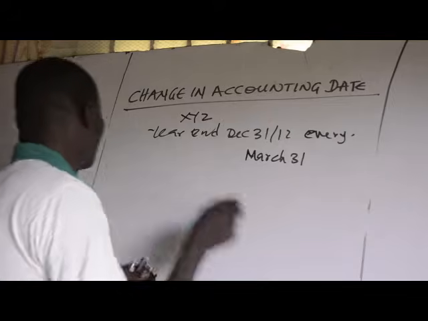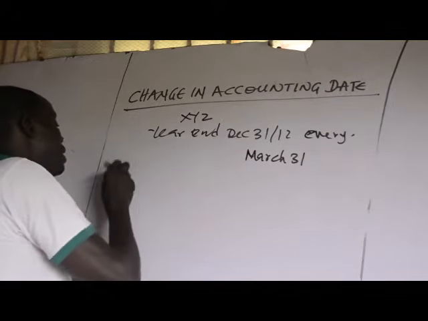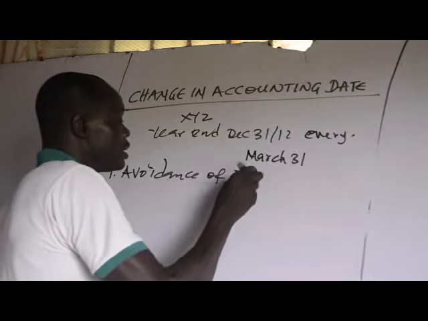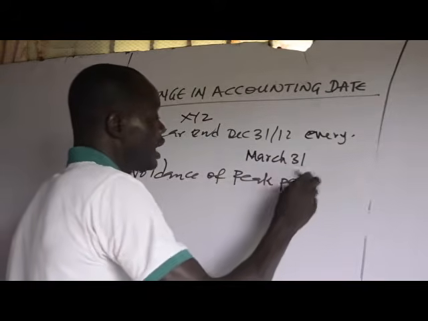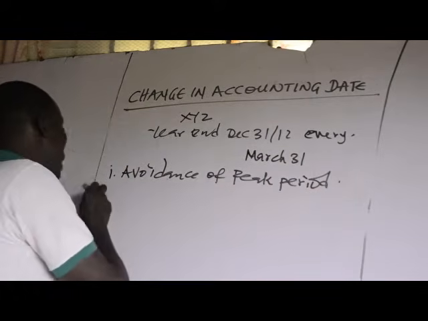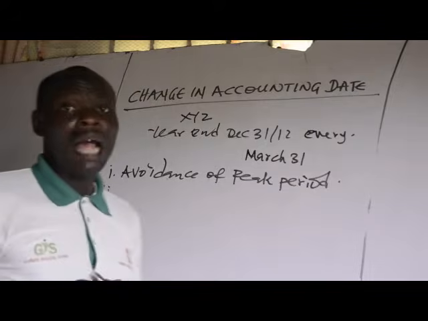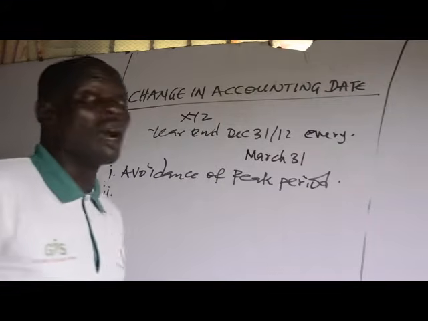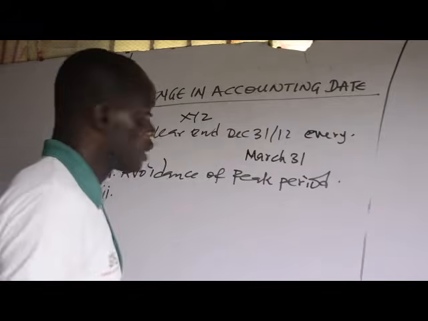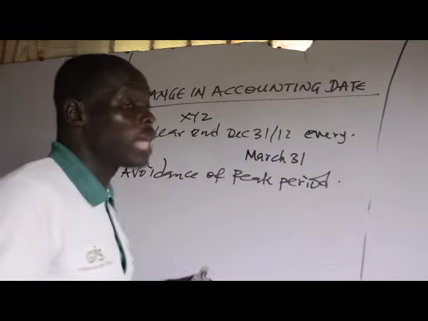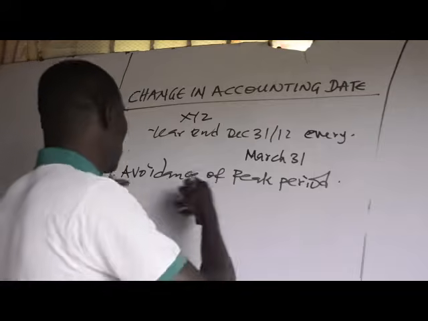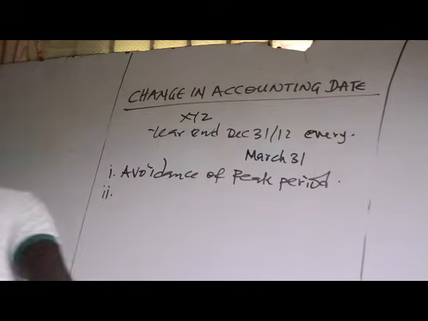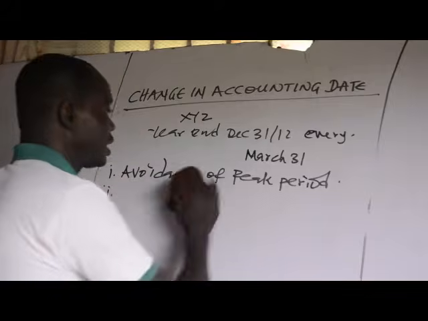Reasons for changing accounting date include: number one, avoidance of peak period. Number two, the business may want to prepare accounts that coincide with the government year end. These are the reasons for change in accounting date.